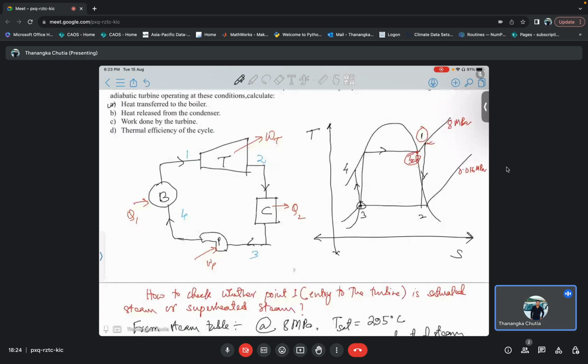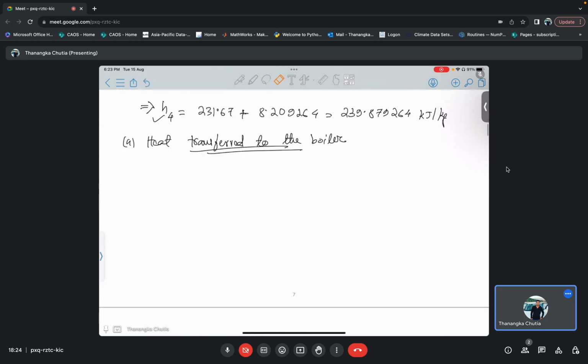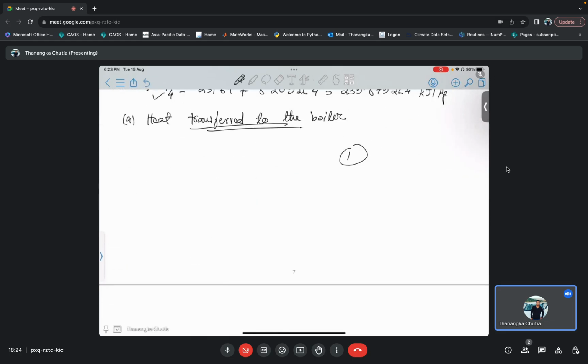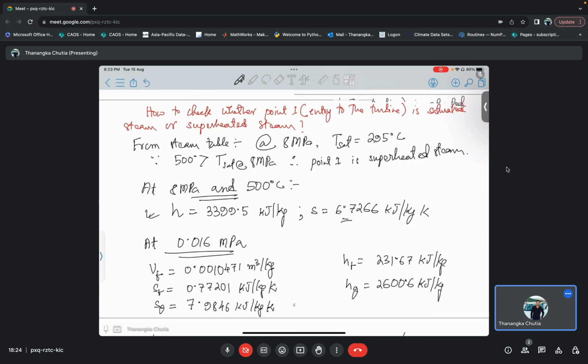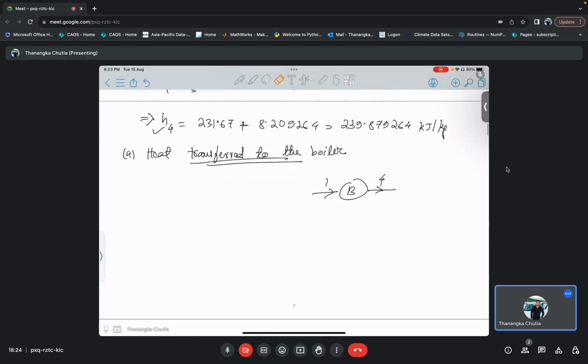If you apply the energy balance equation at the boiler, suppose this is my boiler. My inlet point is 4 and my outlet point is 1. I'm sorry, I was writing the opposite case here. The inlet point was my 4 and my outlet point was my 1, and Q amount of heat is added. So if you want to find heat transfer to the boiler, Q1, that will be basically H1 minus H4.